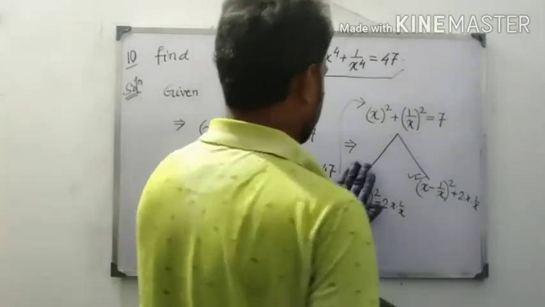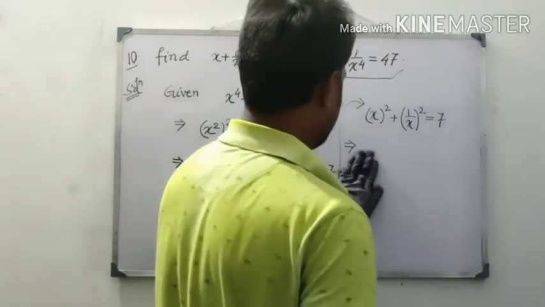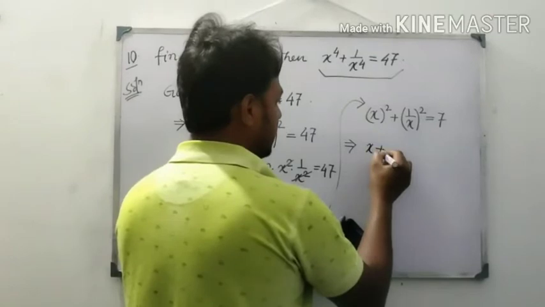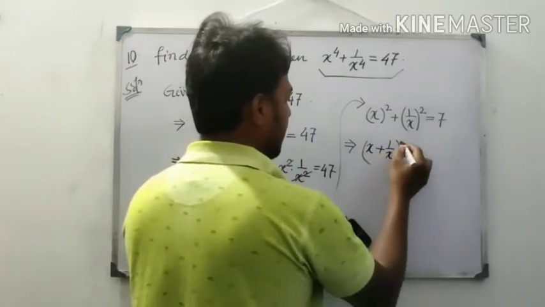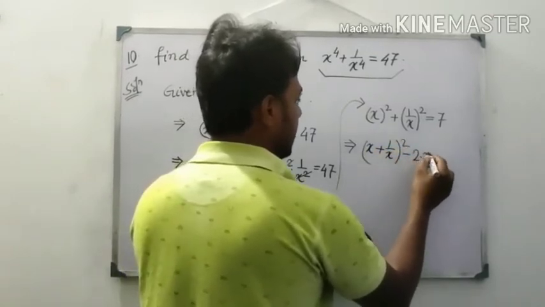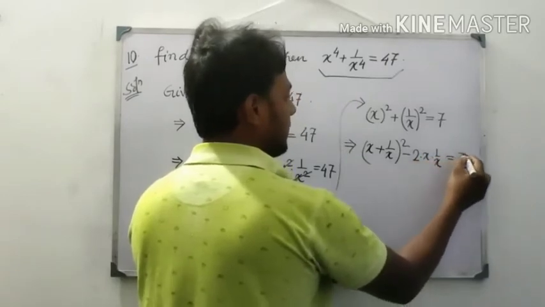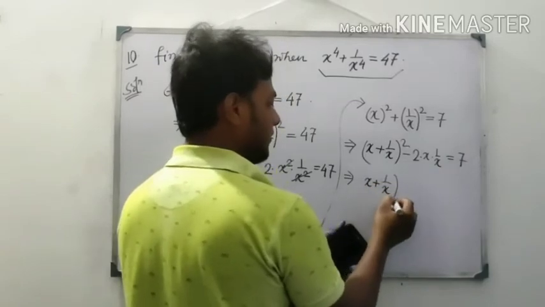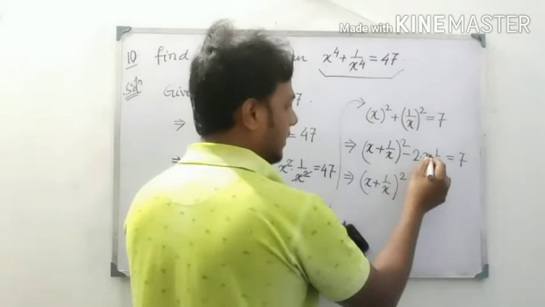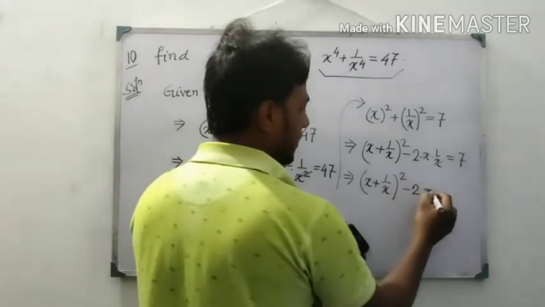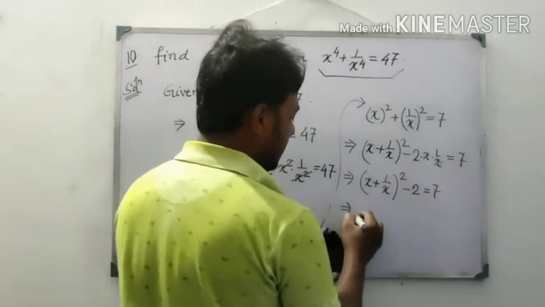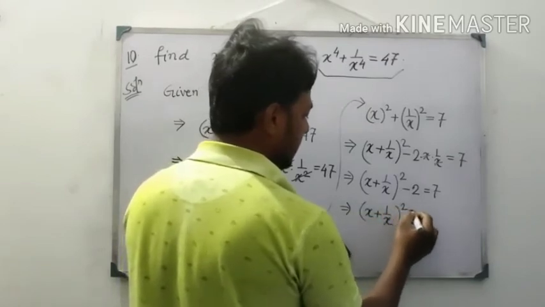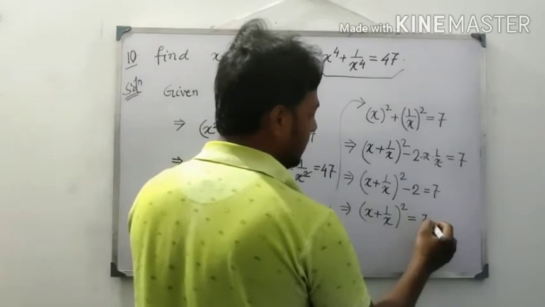So in this place we will use (x plus 1 by x) whole square minus 2 into x into 1 by x equals 7. This implies (x plus 1 by x) whole square, x cancels out, so minus 2 equals 7. This implies (x plus 1 by x) whole square equals 7 plus 2, that means 9.